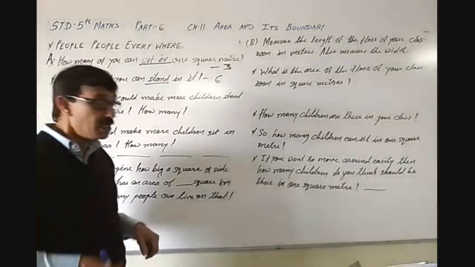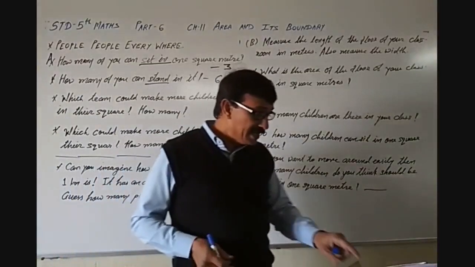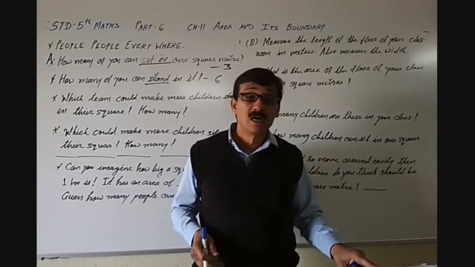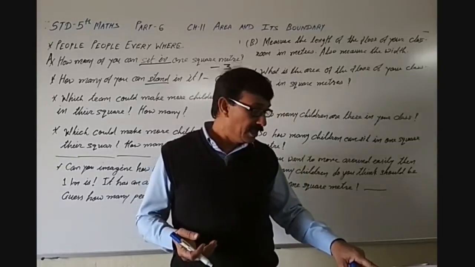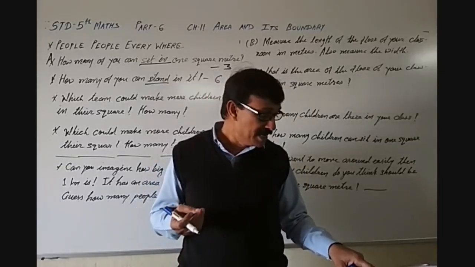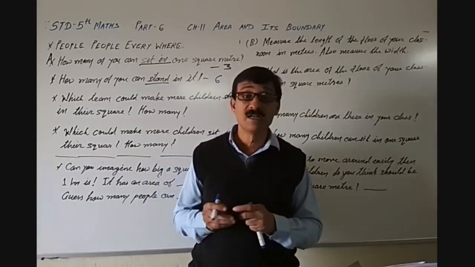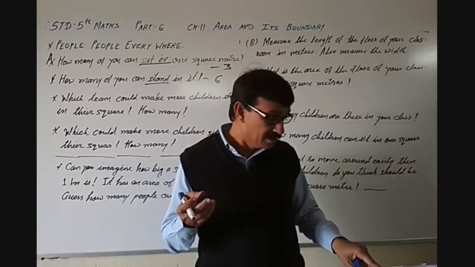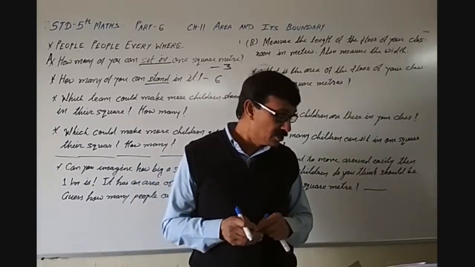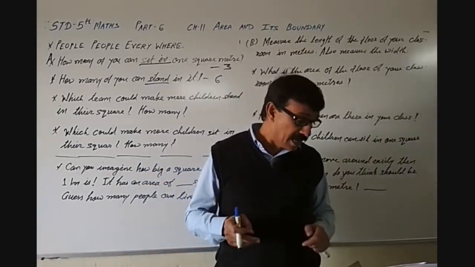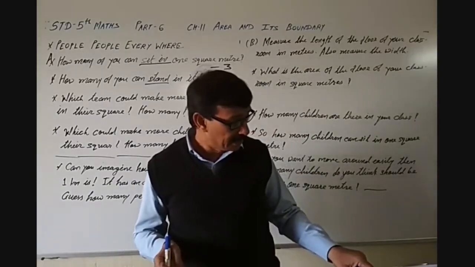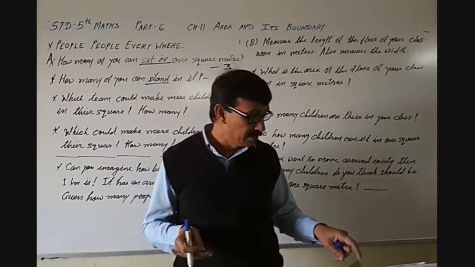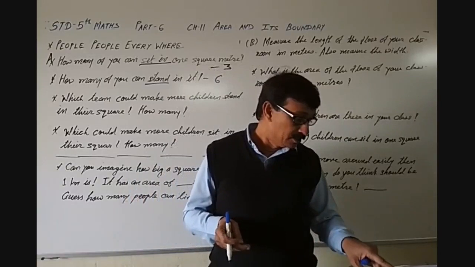Suppose team B is there. Then we should answer, team B could make more children stand in their square. They are 6 children. Team B has one child more than team A.